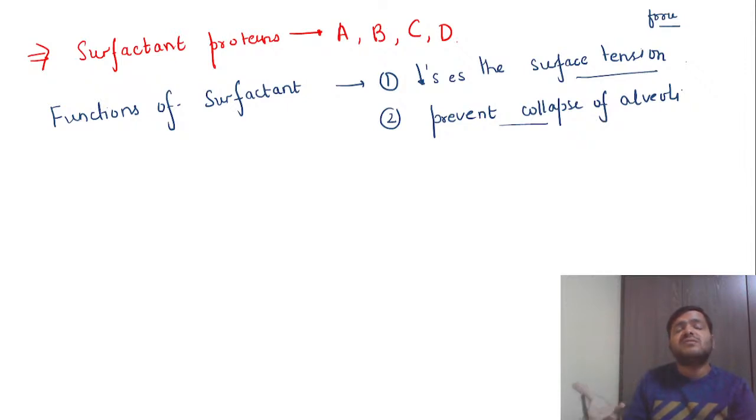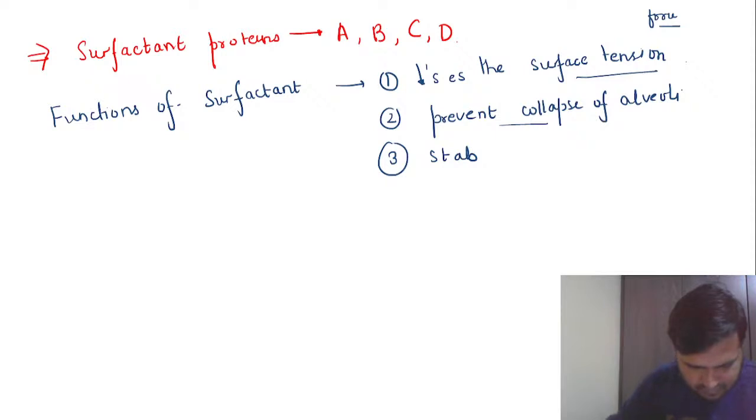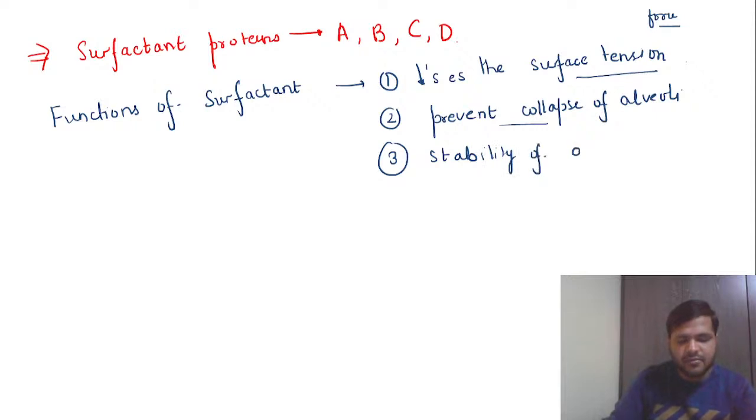We want more surface area of the alveoli so that more oxygen can reach our body, right? Third function, it is responsible for the stability of alveoli as well.